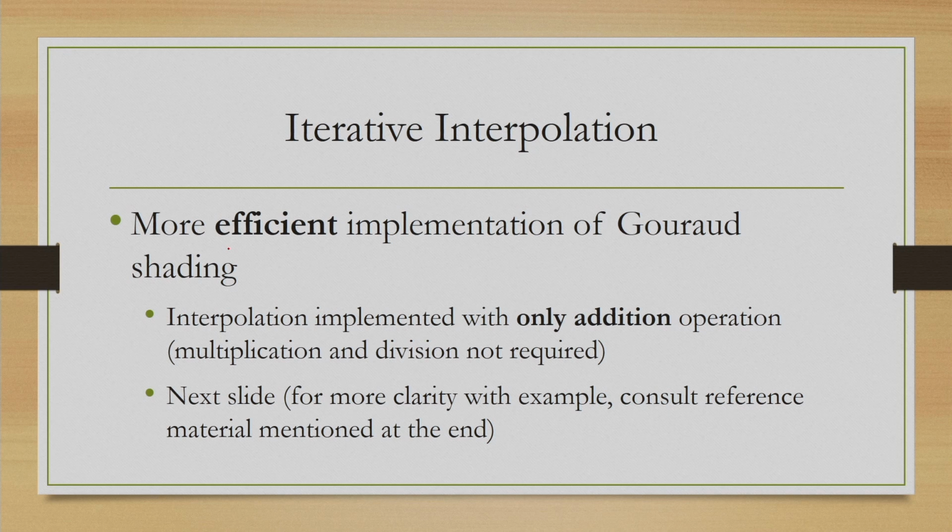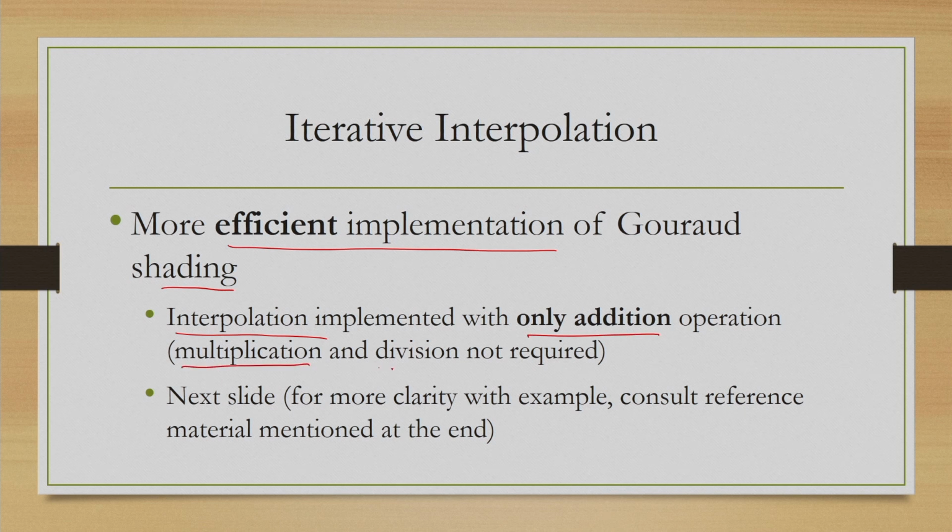There are more efficient implementations of Gouraud shading where we do not necessarily always compute the ratios and multiply them with the color values as we have seen in the previous slide. Instead, we perform interpolation with only addition.